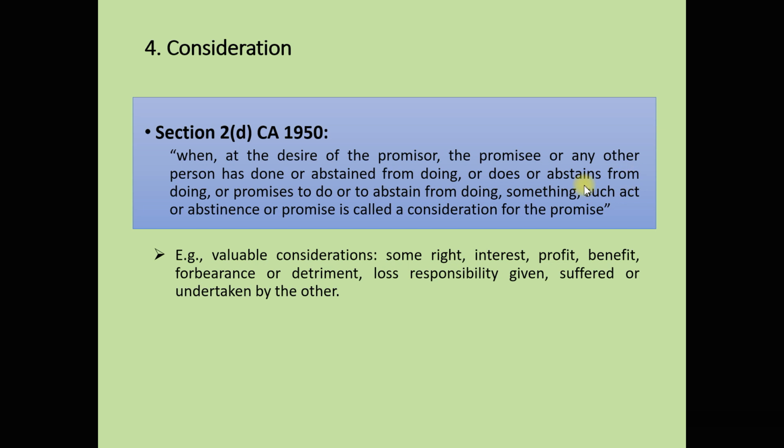"Does or abstains from doing", that is type number two. Type number three is "promises to do or abstain from doing". So there are three situations in which consideration can be made. Later on we will discuss this.